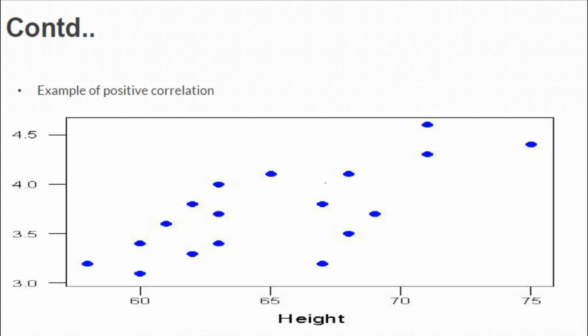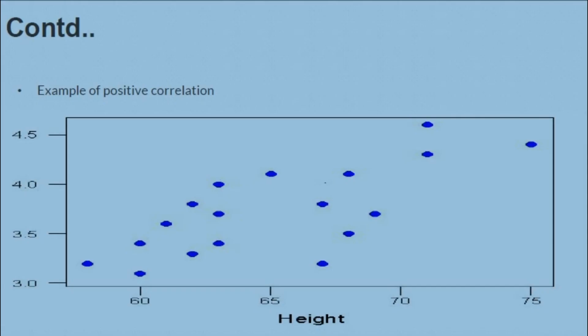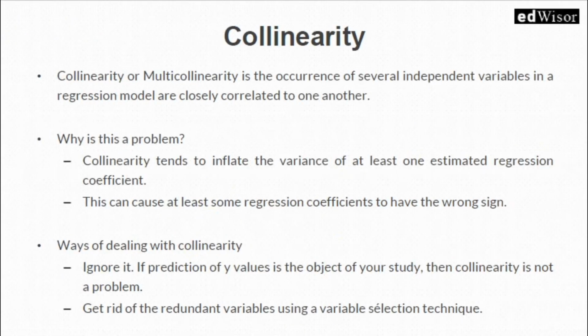Now let us understand what is multicollinearity. So guys, as I told you, to develop any model, we need to consider very important variables. Suppose, for example, I have 10 independent variables.